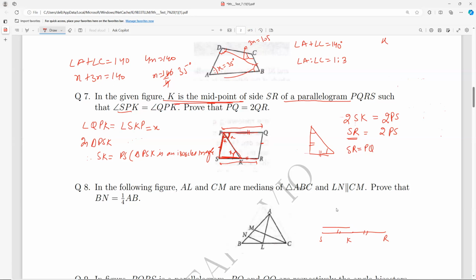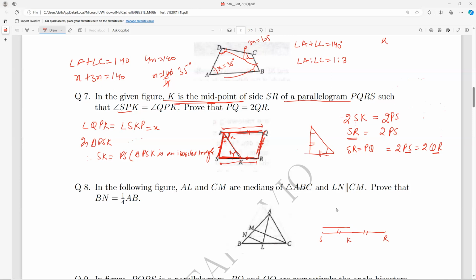SR is equal to PQ because opposite sides are equal. And this PS is equal to QR, I can write it. So in place of PS, I can write QR, so 2PS is equal to 2QR, because PS and QR are the opposite sides of the parallelogram. They are equal. Got it?